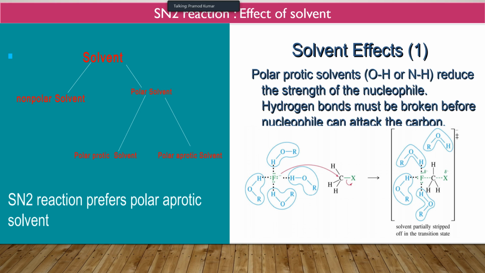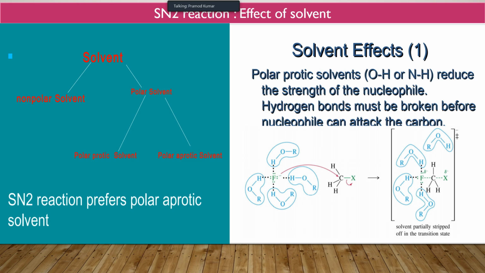That's the reason why the rate of reaction is slower in SN2 mechanism when we use polar protic solvent. Polar protic solvents like methanol, water and ethanol donate a proton and form hydrogen bonds, which reduces the rate of the reaction.